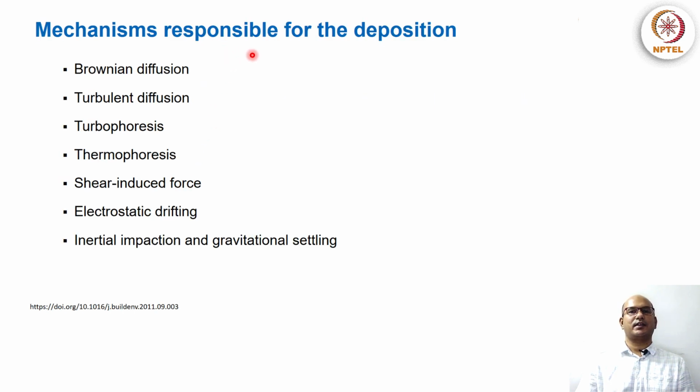These mechanisms can be a number of them: Brownian diffusion, and we will look at the definitions shortly, turbulent diffusion, turbophoresis, thermophoresis, shear-induced force, electrostatic drifting, and finally inertial impaction and gravitational settling. So there are a number of mechanisms which will influence the fate of aerosols in the indoor environment in terms of deposition.